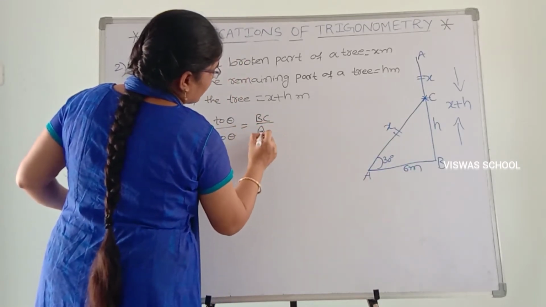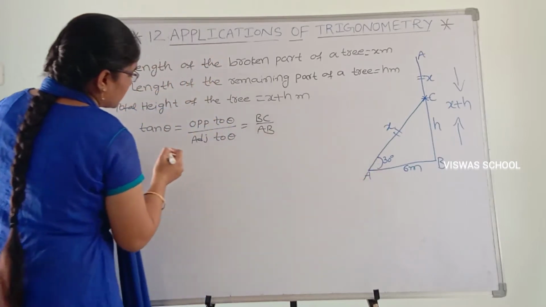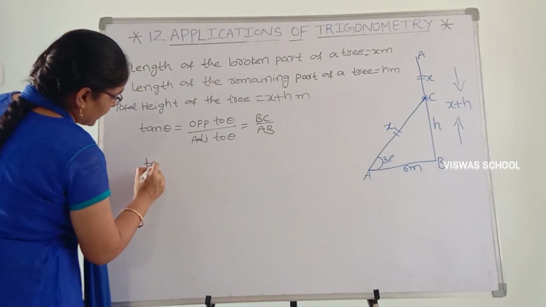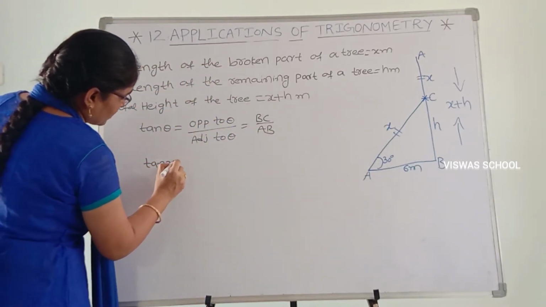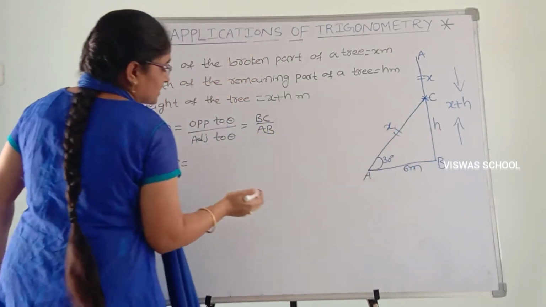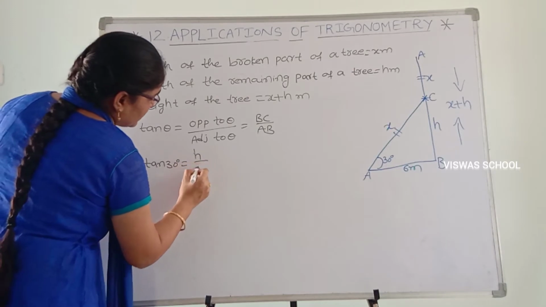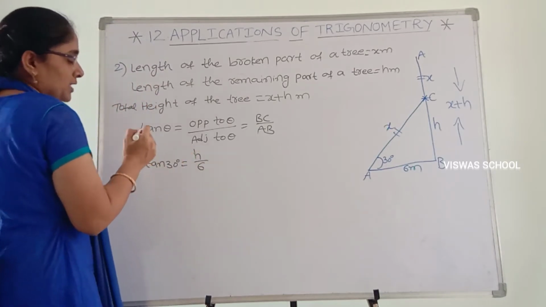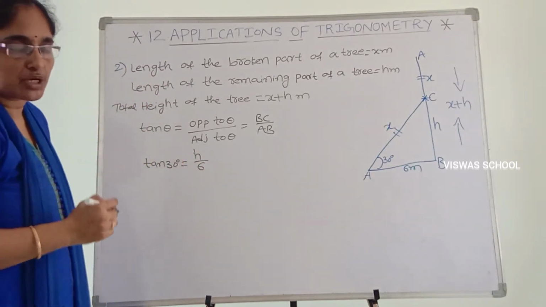Theta is 30 degrees. Tan 30 degrees is equal to BC by AB. BC is H and AB is 6. H by 6.